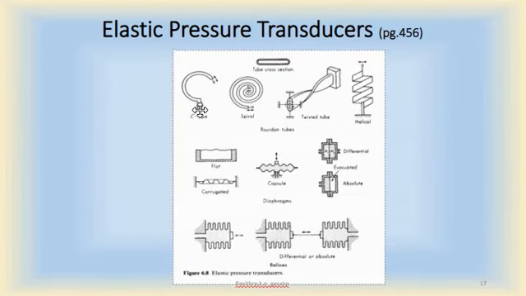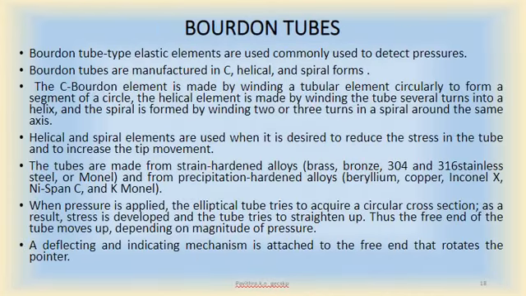Here, for example, we are giving input pressure through this portion. By receiving pressure, it will get straightened or lengthened, and by noting down the elongation or the deflection present in that tube, the magnitude of the pressure is recorded.